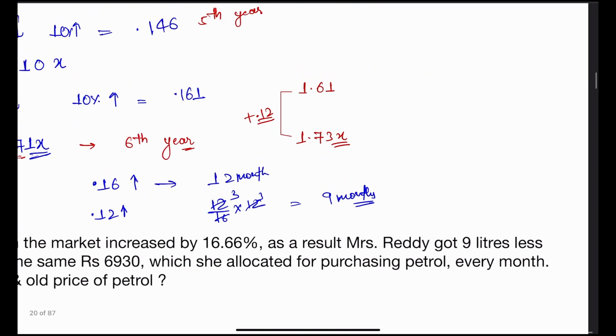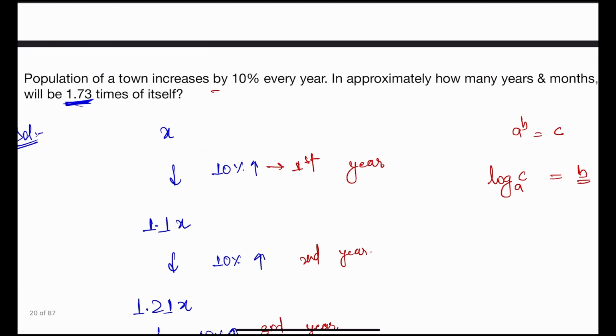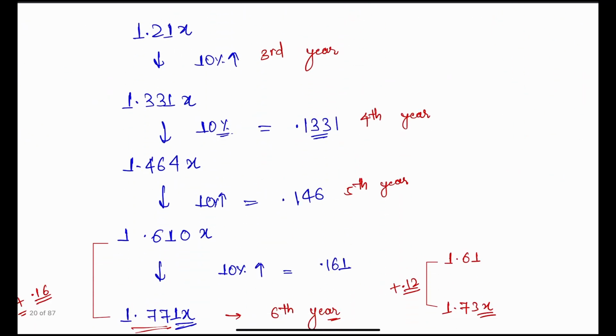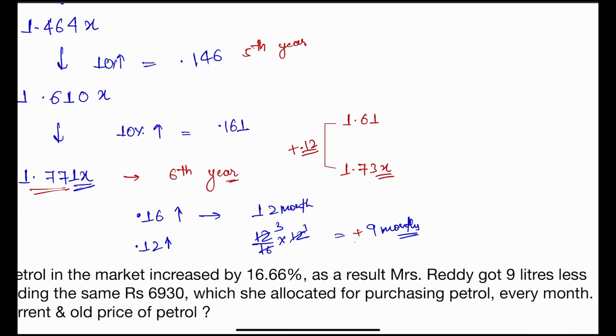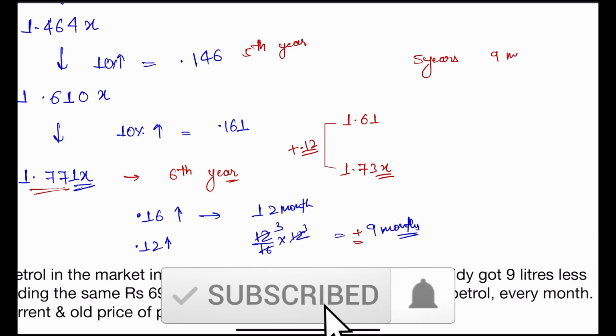So eventually the answer will be 5 years 9 months. So it will be plus here, so 5 years 9 months is the answer for this question.